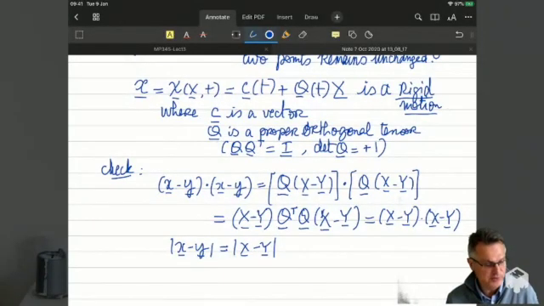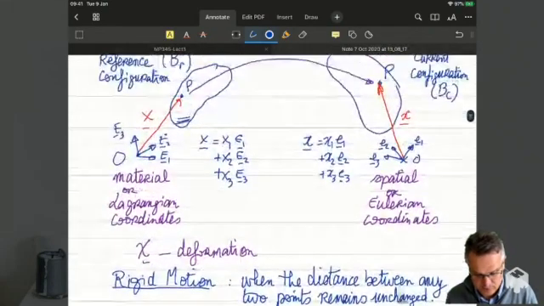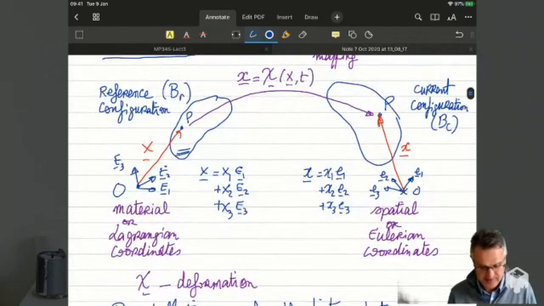So that was our first deformation, a simple one, and one we studied earlier when we did rigid body motions, of course. Okay, so these are the important concepts: coordinates, configurations, and deformation. All those things are important in this course.